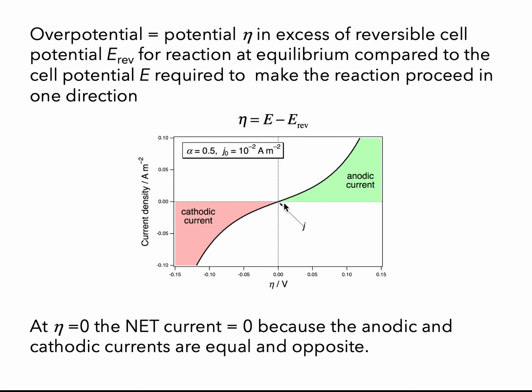There's no net current because the anodic current and the cathodic current balance at equilibrium. Chemistry doesn't stop at equilibrium, it's just that the rates of forward and reverse reactions are the same. But if we apply a negative overpotential, we can bias the system toward the cathodic current, and if we bias it at a positive potential, we can make the anodic current flow.